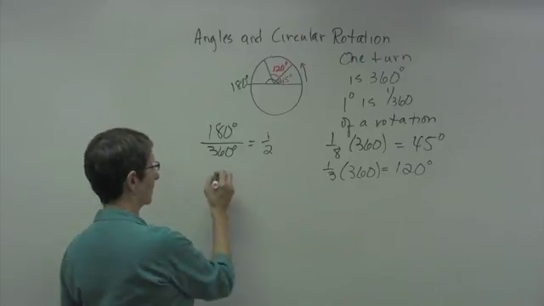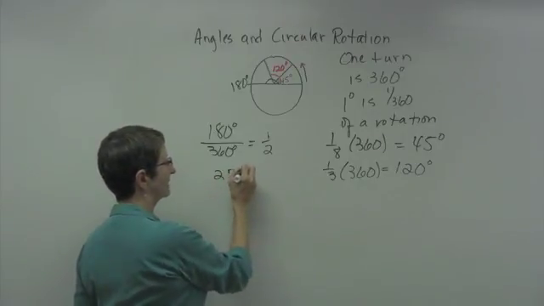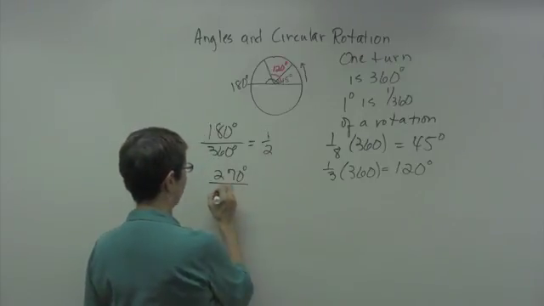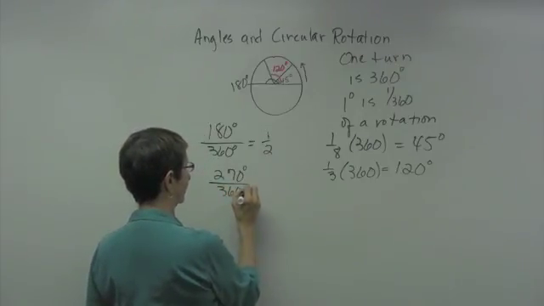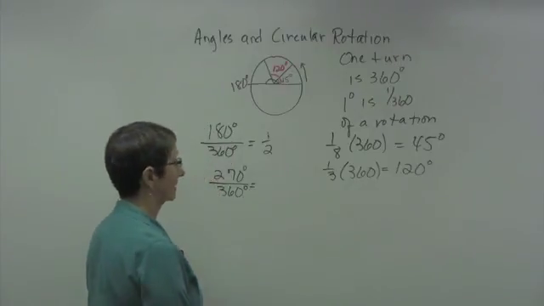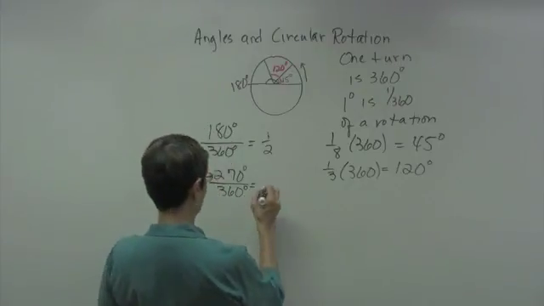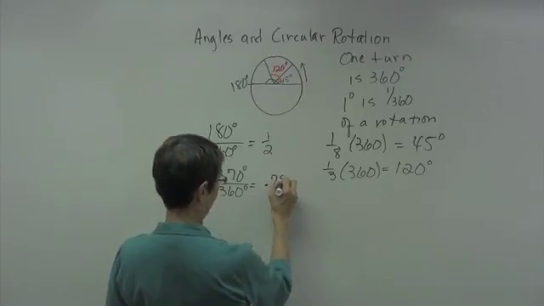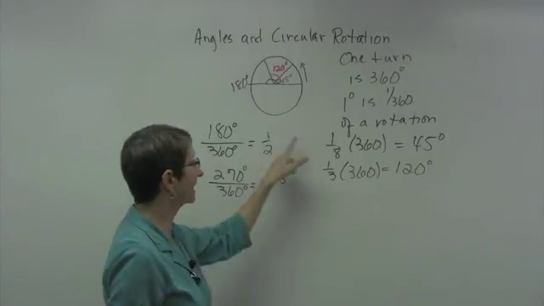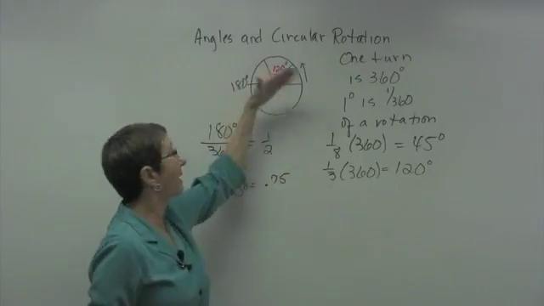Let's think of one more. 270 degrees. 270 divided by 360. Now, I suspect you just take the calculator and divide. And if you do that, you would get 0.75. But we tend to think of these in terms of fractions because it's a pie.